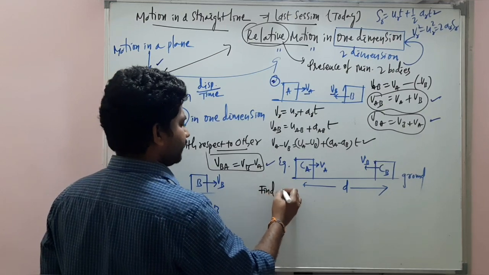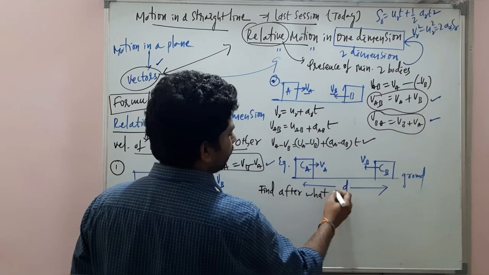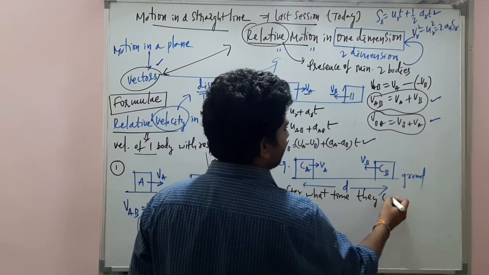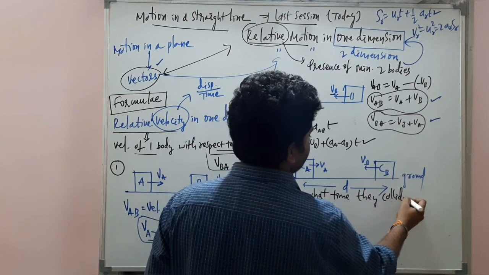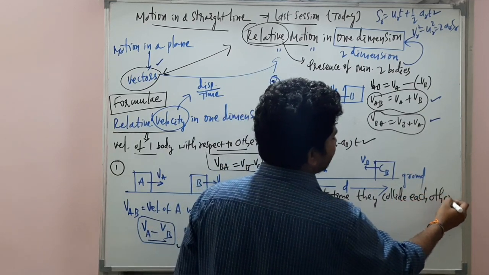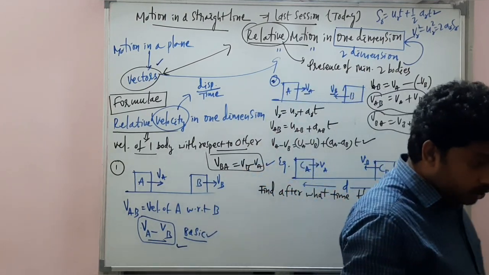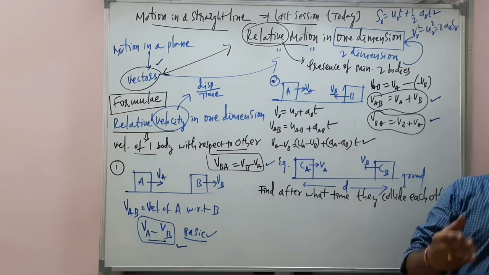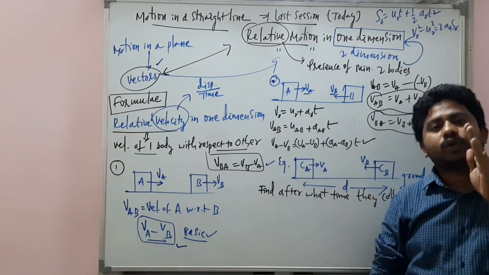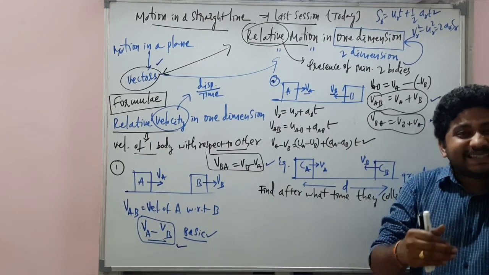Find after what time they collide with each other. And the difficult problems also, when two or more bodies are involved in a single question, the difficult numericals also you can solve easily.